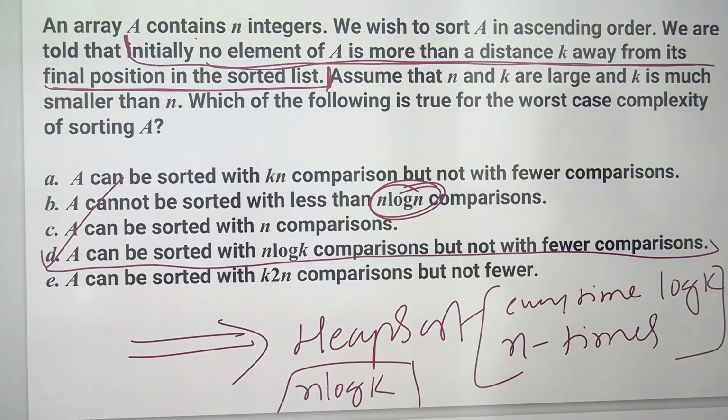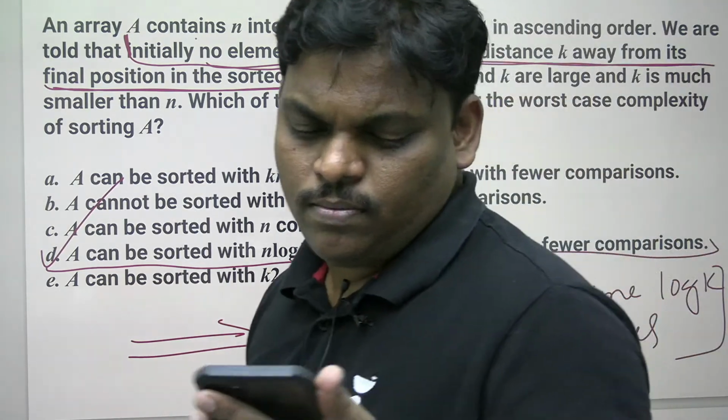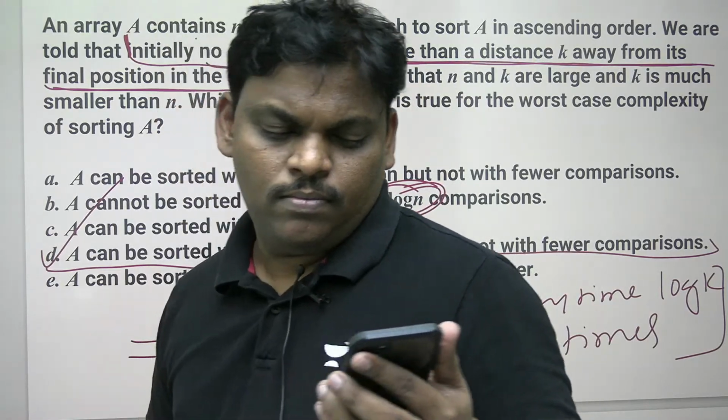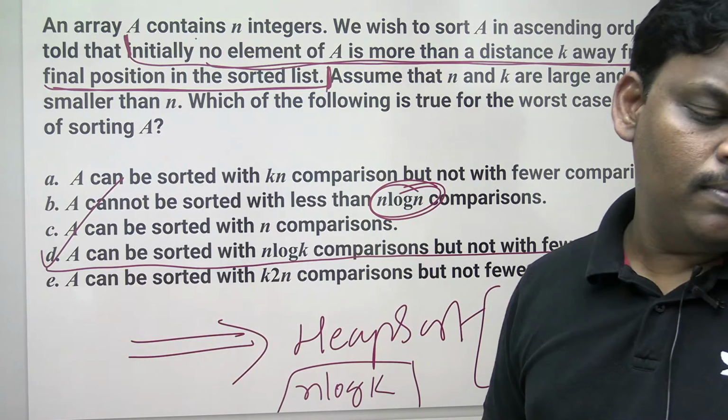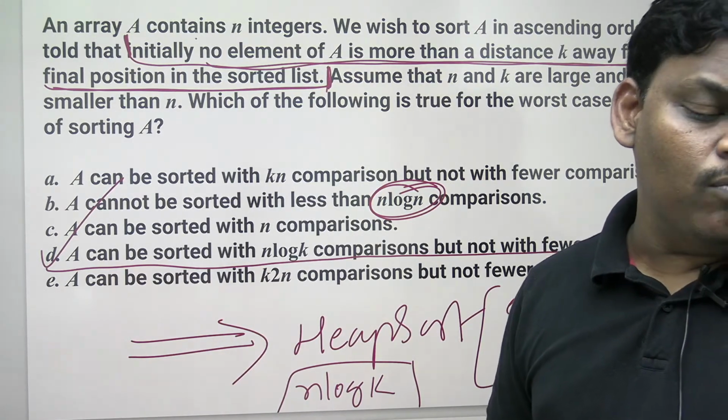And one more, some people are asking, A can be sorted with k into 2n comparisons, but not fewer. I don't think so. For k elements create a min heap. Every time one coming, one going.